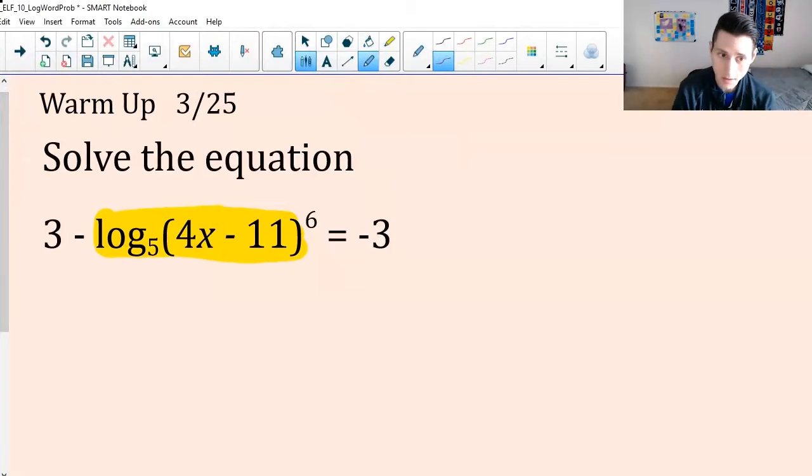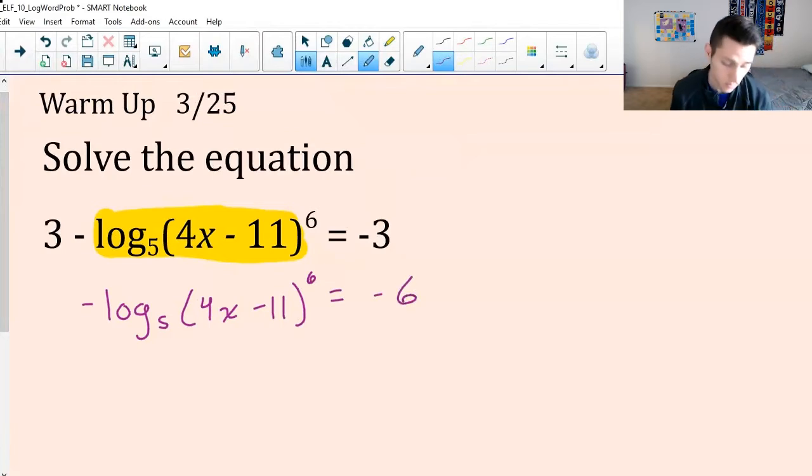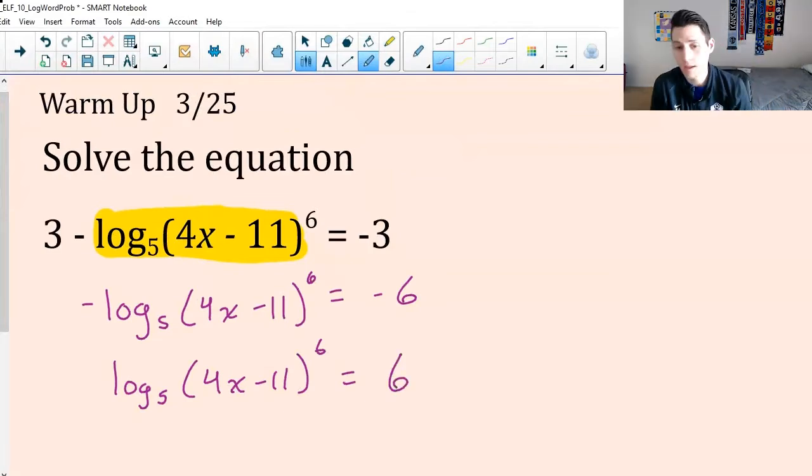So first step is going to be subtract 3 from both sides. Great. So minus 6. There's a negative here on both sides, so I'll get rid of that. Okay, so now this is something we didn't see yesterday, so I thought I'd throw it at you here, is that I have this 6 in the exponent of the logarithm.